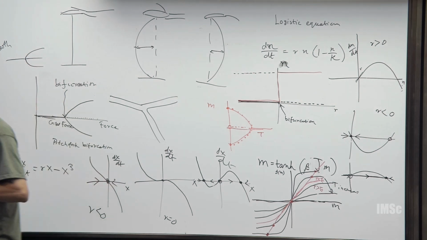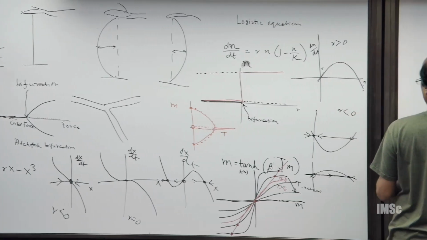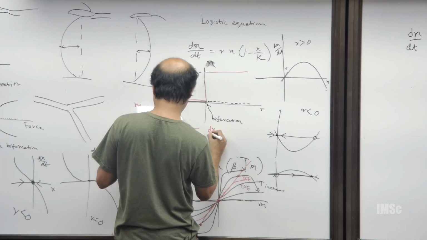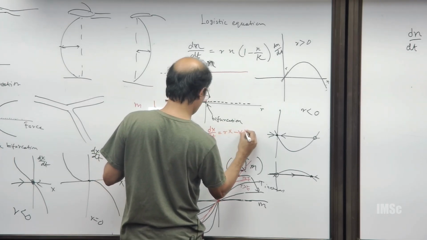And finally, the normal form for the transcritical bifurcation is dx/dt equal to rx minus x squared.